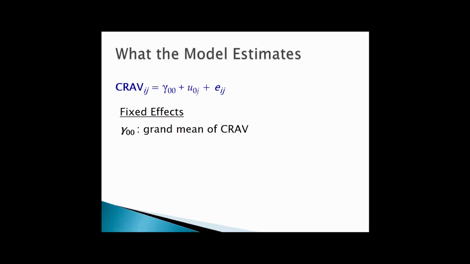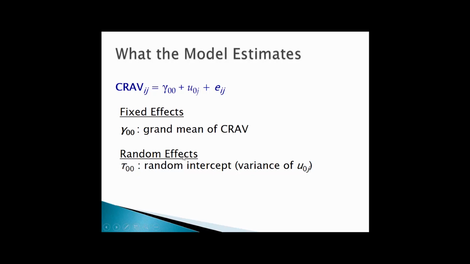So that gamma 0,0 that I called the grand mean of craving, in multi-level modeling speak, we'd call that a fixed effect. Fixed effects generally refer to regression parameters that we're all used to seeing, so intercepts, slopes, relationships between variables. The model has two random effects, and so the variance of these U terms is what we would call our random intercept, and that gives us the amount of between person variance.